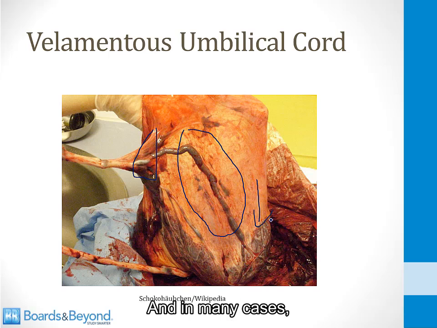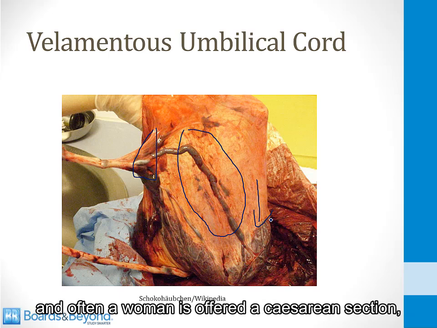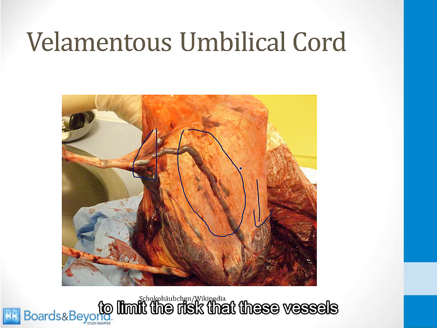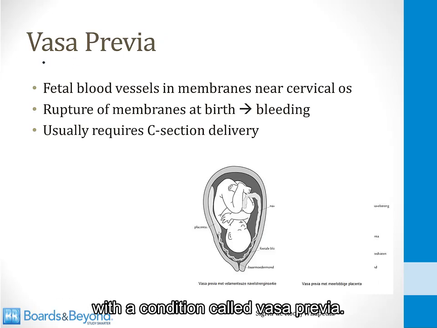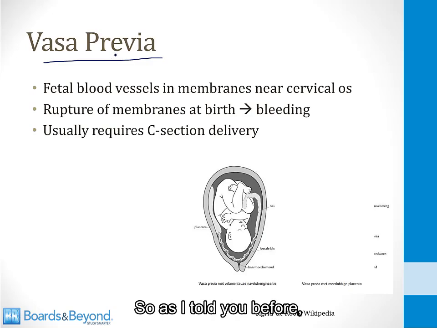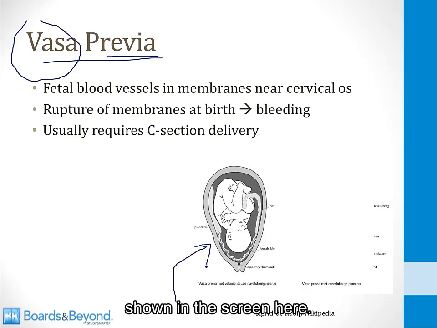And in many cases, a velamentous cord is identified prenatally by ultrasound, and often a woman is offered a cesarean section as soon as the baby is viable to limit the risk that these vessels might rupture and harm the baby. Oftentimes, a velamentous cord occurs together with a condition called vasa previa. So as I told you before, the word previa means before. So in a vasa previa, the blood vessels come before the baby. This is a picture of what it looks like shown on the screen here.